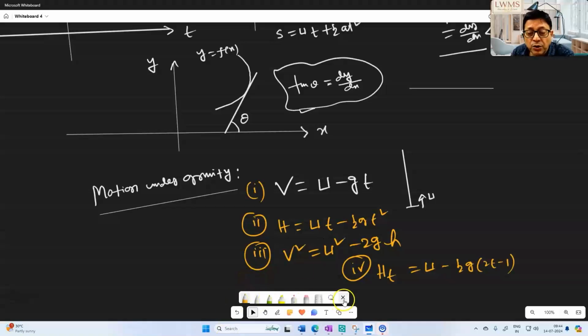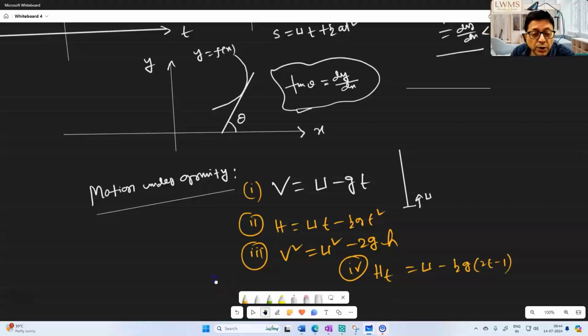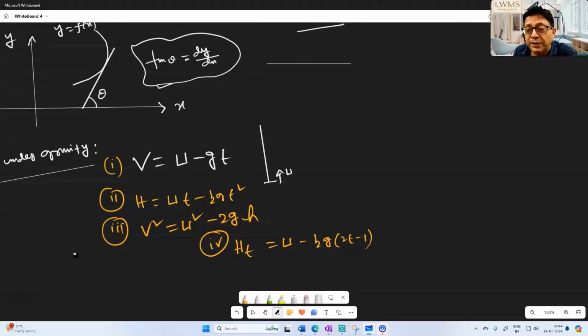Similarly, we can draw all these for downward motion. For downward motion, what will be the case? If it is projected downward, then v equal to u plus gt, h equal to ut plus half gt square. Proof may come by using calculus, so get ready for that.